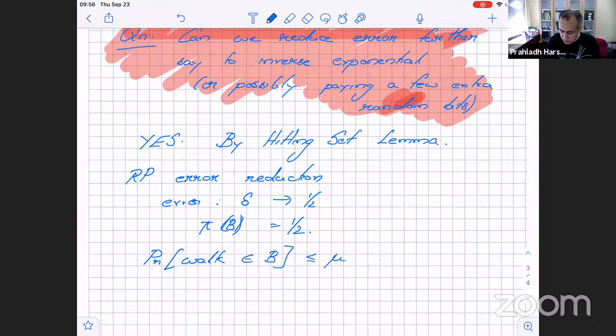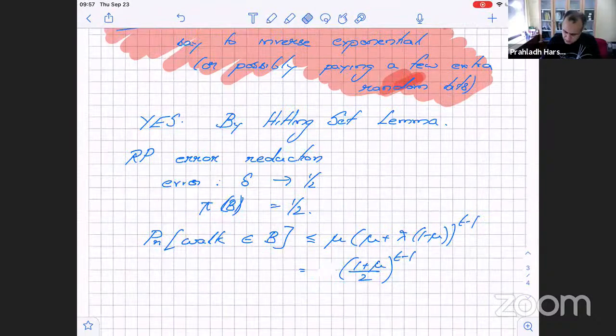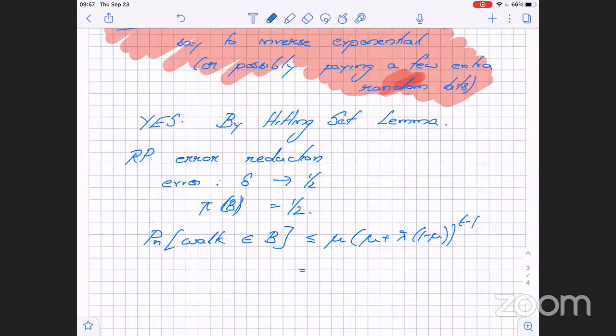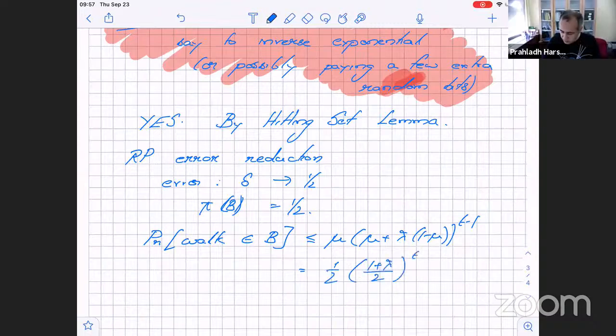This we saw was mu times (mu plus lambda(1 minus mu)) to the power t minus 1. Mu is half, so this is half times (1 plus lambda)/2, the whole power t minus 1.